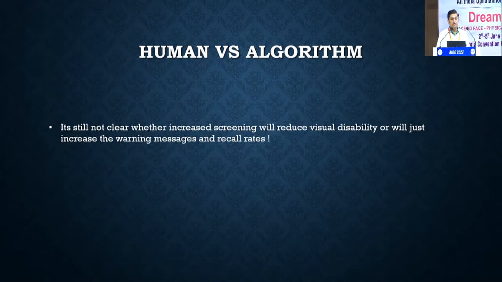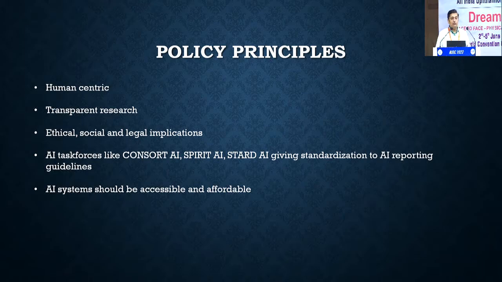Human versus algorithm: the biggest question is, if you keep getting answers from the machine, yes, refer, yes, refer, yes, refer, after 5 years or 10 years, did you really reduce the visual disability, or did you just increase the warning messages and recall rates? You don't know.